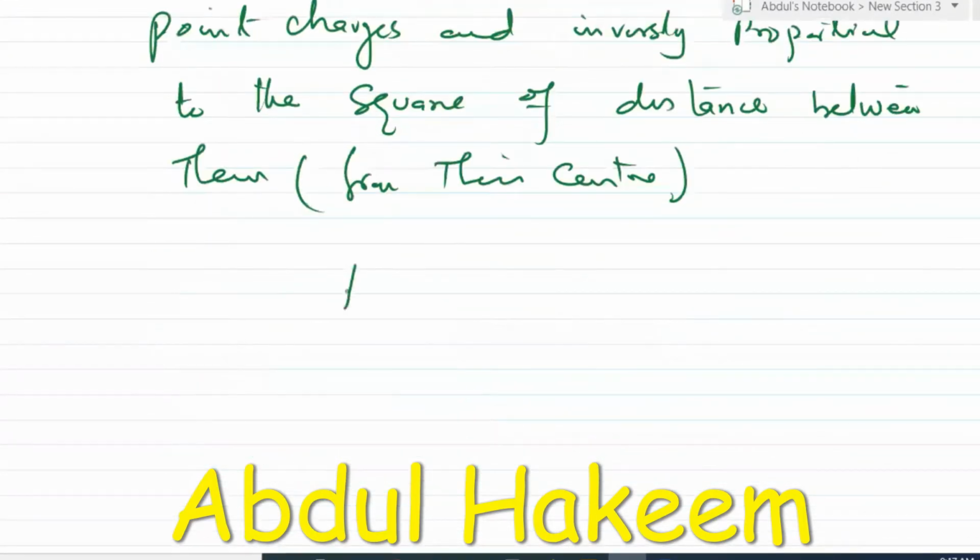So electrostatic force, meaning electric force, is directly proportional to Q1 times Q2. The product of the charges means both charges will experience the same force, because the force depends on the product. Whether the charge is small or large, both will experience the same force.